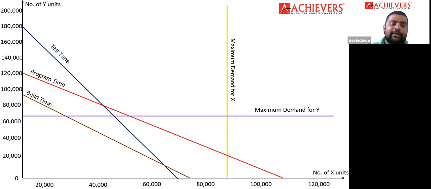Next, the next thing to do, guys, in the whole steps of finding the optimum production plan, is something called the feasible region, right? Now listen to this carefully, guys.